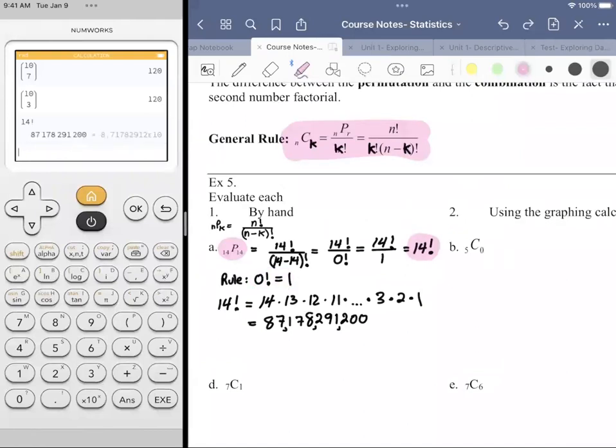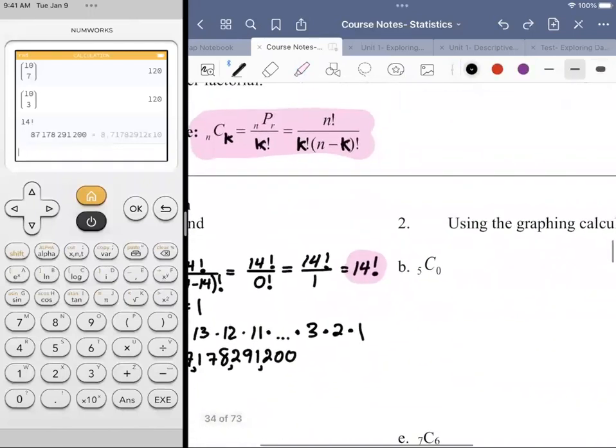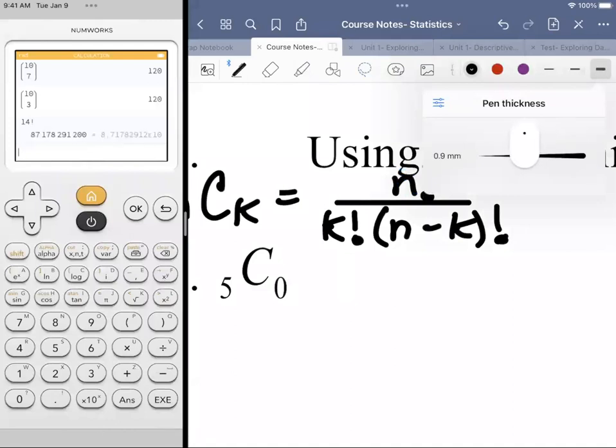So the nCk rule, I'll just jot it down here so I don't have to go back and forth. nCk is equal to, I'll use the expanded form, n factorial over k factorial times n minus k factorial. I'm just going to move it over a little bit so it's more visible.